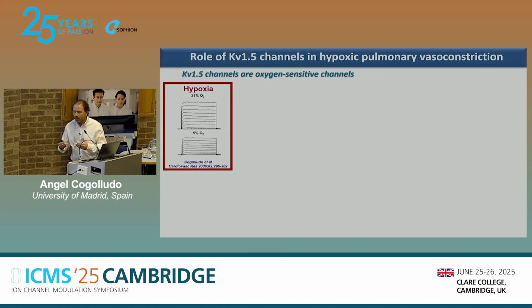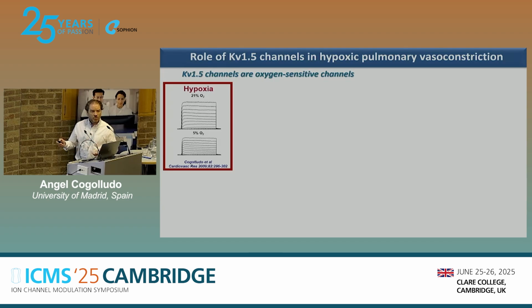And this is very important because that allows diverting the blood to the better oxygenated areas of the lung. So in other words, this HPV response allows the matching of ventilation and perfusion and gas exchange.